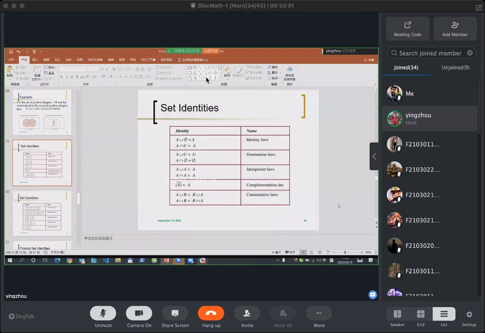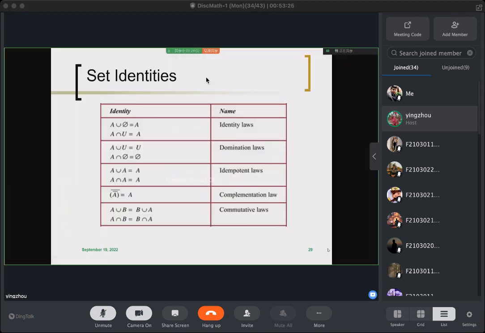Now we also want to give the same kind of equivalence, because we know that we have logical equivalence, and this is sometimes referred to as set equivalence. We call it the set identity. And from these set identity rules, you will find they may be similar to the logical rules.